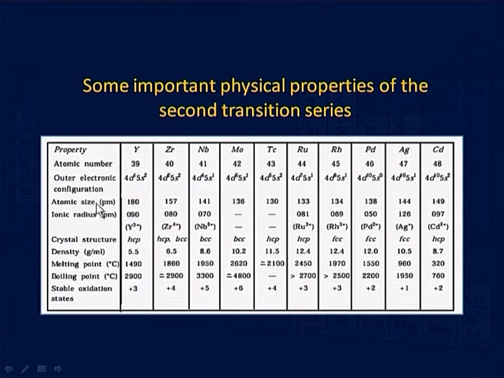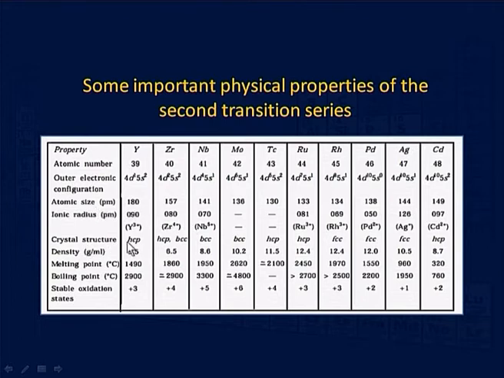In addition to the atomic size, ionic size for various cations is also represented in this table. The same trend is observed for the ionic radius as for the atomic radius.